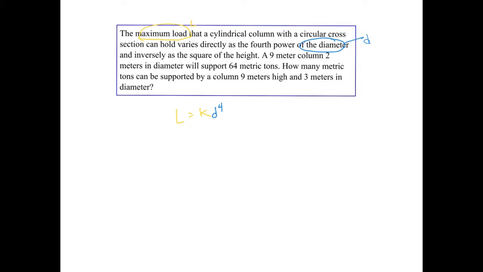And then it says it varies inversely as the square of the height. So again, I'm going to ignore this for just a moment, and I'm going to build everything around that L and that K. It needs to vary inversely as the square of the height, so that would normally be L equals K over H squared. So now I have that inverse relationship.